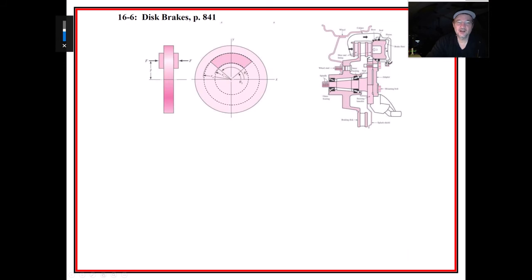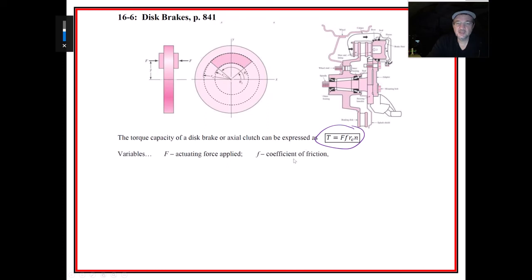Anyway, so disc brakes, once again, it's interesting that it's the management of friction and the determination of that friction based on the pressure distribution. For a disc brake, the braking torque is going to be the actuating force times the coefficient of friction times the number of surfaces. In this case, it would be 2, one on one side, one on the other.